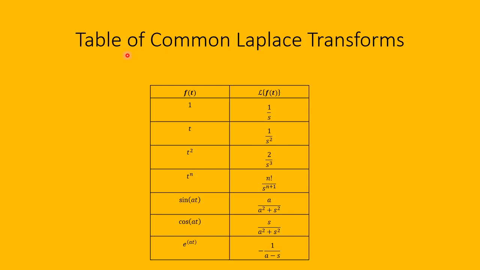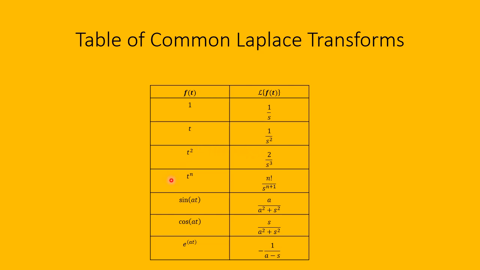So here's a table of some commonly used Laplace transforms. If the function lowercase f of t is 1, its Laplace transform is 1 over s. The Laplace transform of t is 1 over s squared. The Laplace transform of t squared is 2 over s cubed.